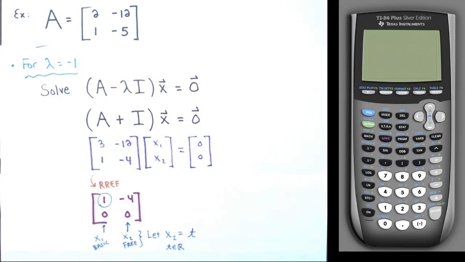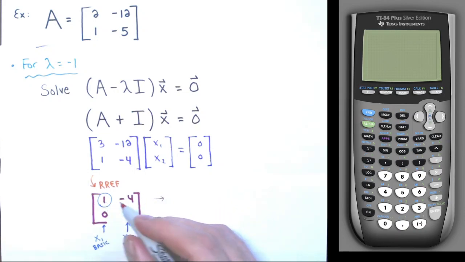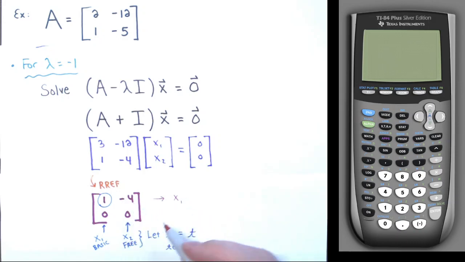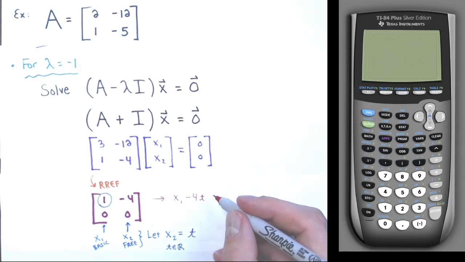From the first row, since the second row, 0 equals 0, isn't important, we have 1 x1 minus 4 x2, so minus 4t, equals 0.